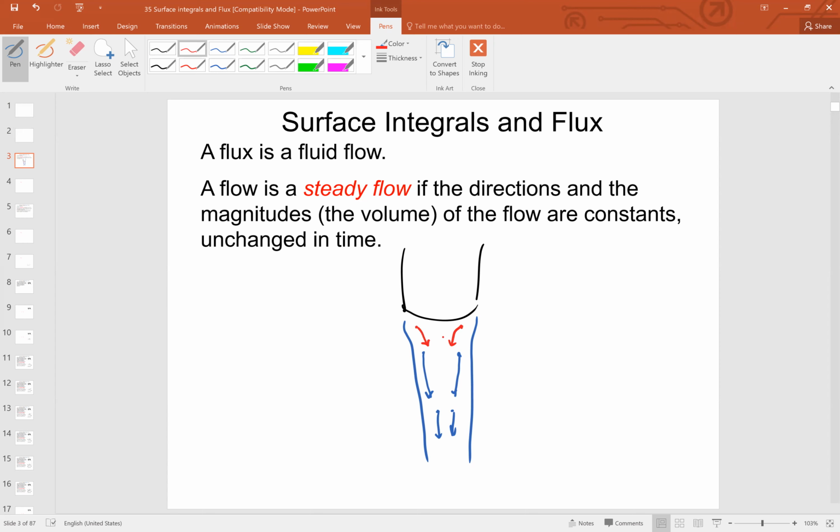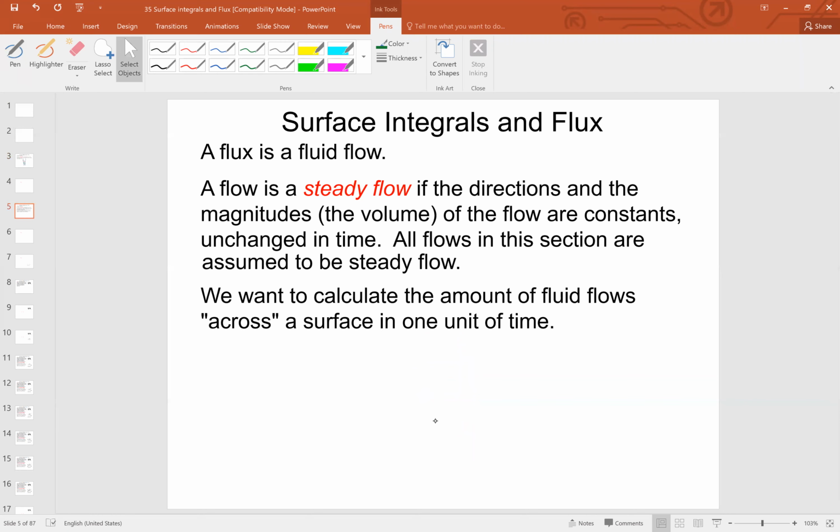It looks like a block of ice, burning ice, if you will. That's a steady flow. We want to calculate, in such a flow, with a surface sitting across it, how much flows across that surface in a given unit of time. All the flows in these discussions are assumed to be steady flows.